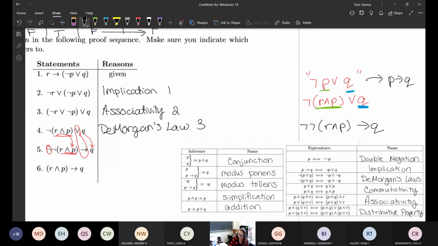It's still the rule, though. It's still the implication on line 4. It's still changing the sign of the first piece and then leaving the second piece alone and changing the or to an implies.